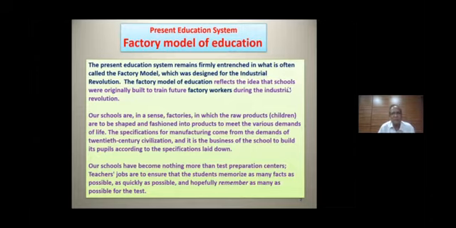The same type of process was attempted after the Second World War. The main purpose was to create the required manpower for factories and also for farm work. Therefore, the requirements were entirely different, and because of that, the education system was developed in that manner.